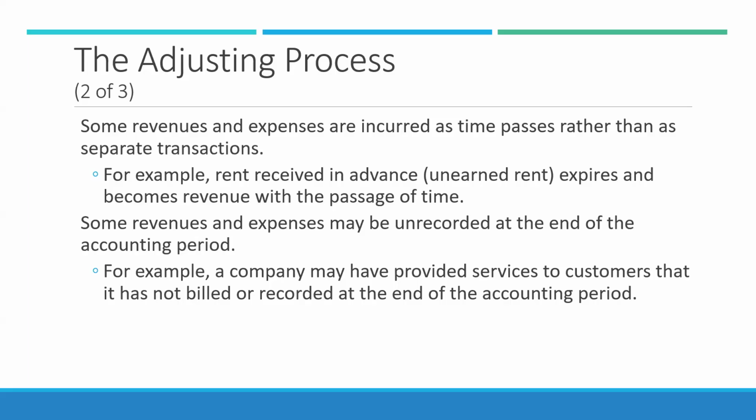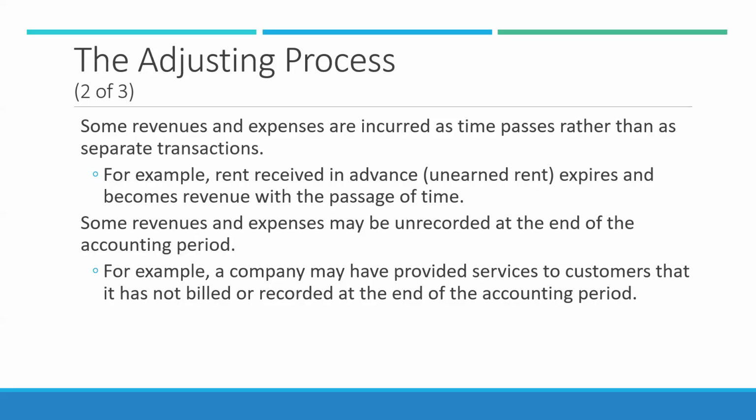Or what if a company provided services to customers that it has not billed or recorded at the end of the accounting period? So what if, I'm an attorney and I have worked on a document for you and I've given it to you, but I have not yet sent you a bill.